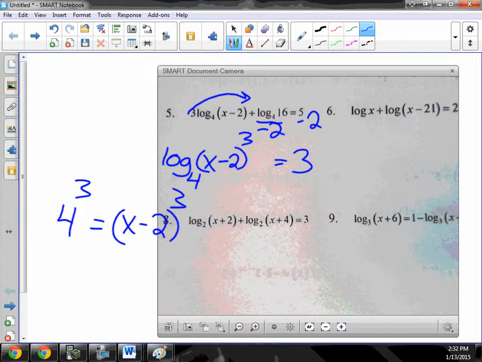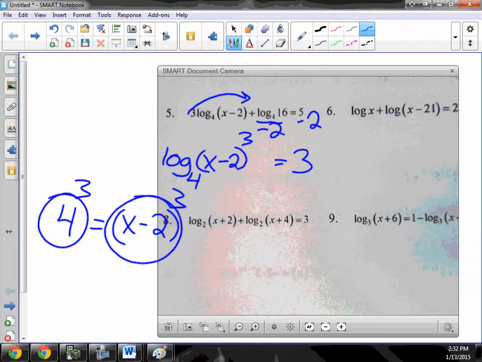If I have a base to an exponent and a different base to the same exponent, then this must be the same as that. I could third root both sides and it would cancel the 3's. But if you look at this, well, 4 has to equal x minus 2, so x must be 6.